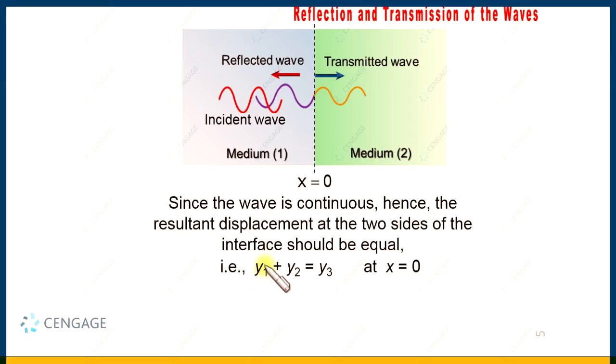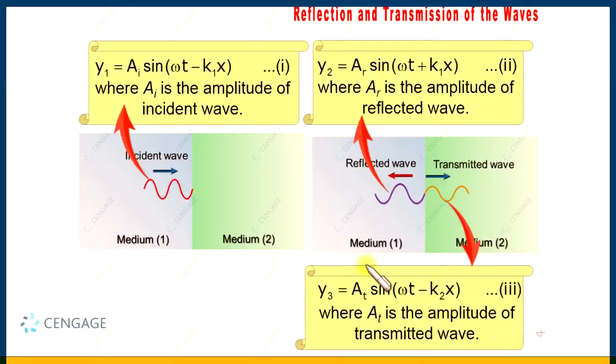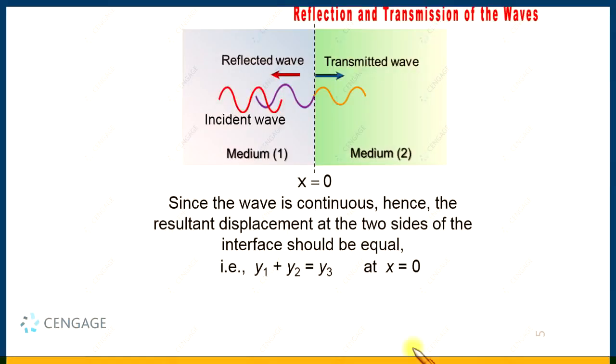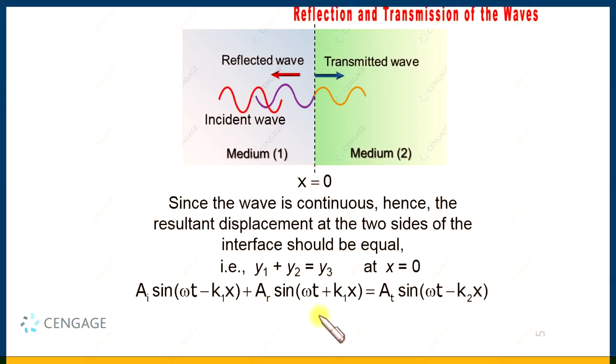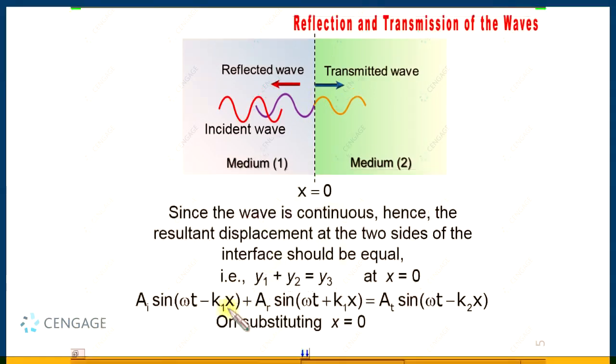Now, we know the value of y1, the value of y2, and the value of y3. We can substitute these values, and here we are interested at x equal to 0, because we want the displacement at x equal to 0. If we substitute x equal to 0, the x terms will all be 0.